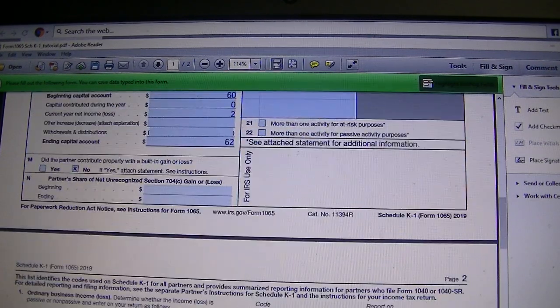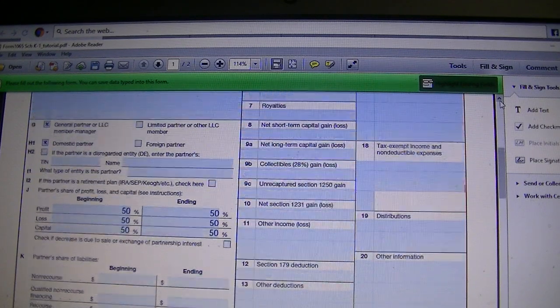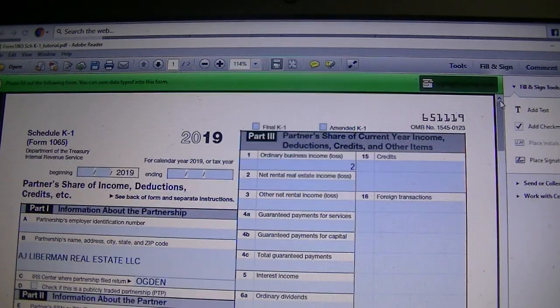So a lot of times, when your information is going on page 1 of 1065, which is a trade or a business, and you don't have any other activities that are passive income under your business, once you put it in on page 1, you don't have much to put on schedule K, and you don't have much to put on schedule K1 either.